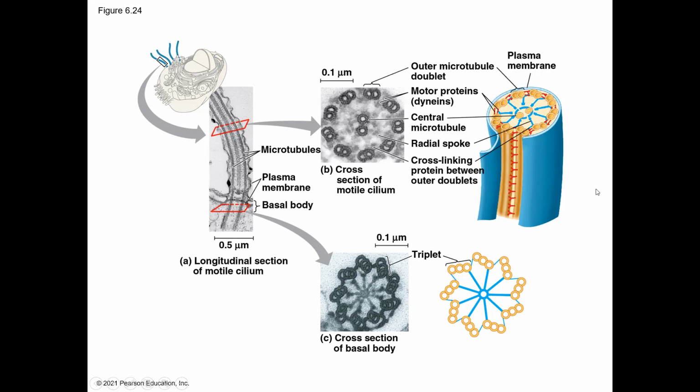Now, there are dynein proteins attached in between these and to the central microtubules. The dyneins form these links between the microtubules, and it is the contraction of those motor proteins that allows for the whip-like motion and movement of cilia and flagella.